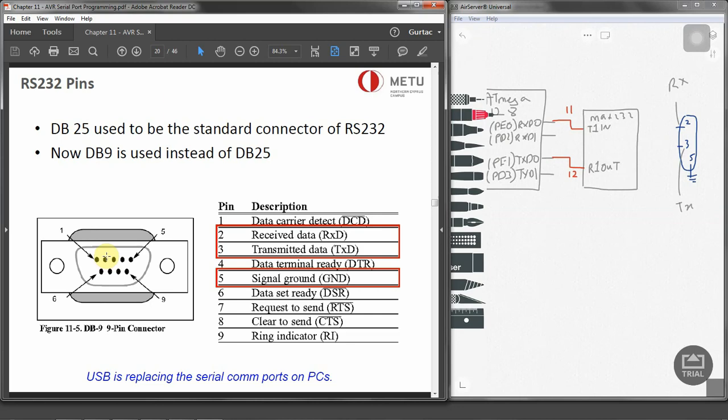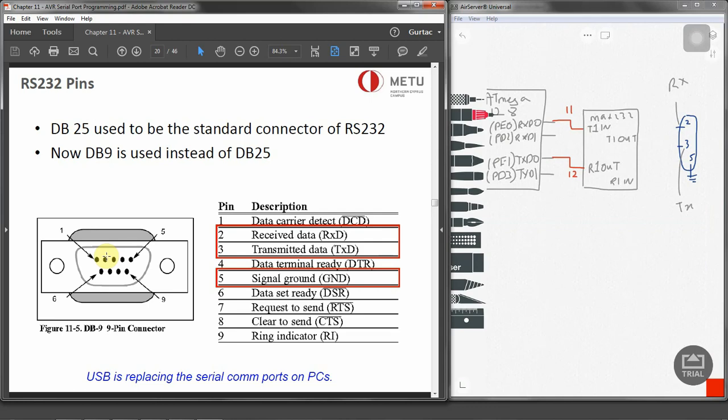Now, the MAX232's transmit out, so T1 out pin, and receive 1 in pins are going to be connected.